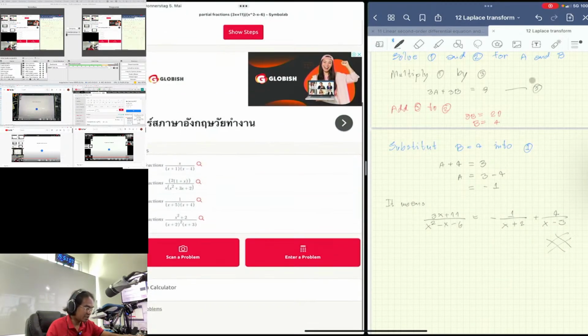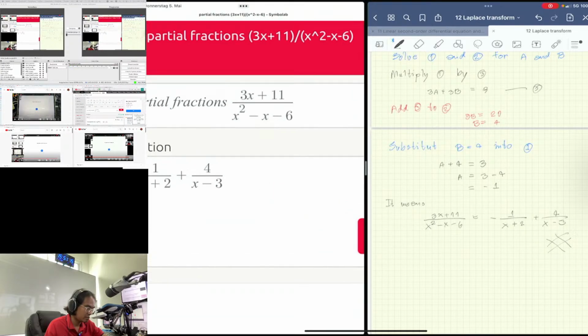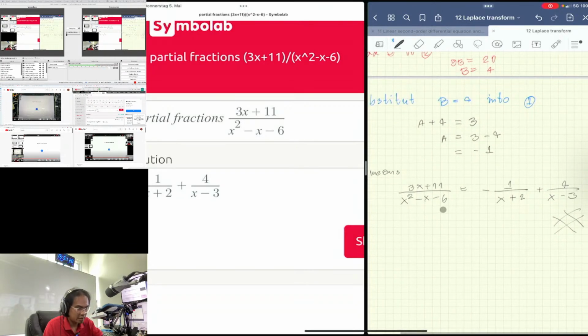Partial fraction of this term, 3x plus 11, the same thing here, divided by x squared minus x minus 6, can be decomposed into negative 1 over x plus 2 and 4 over x minus 3.